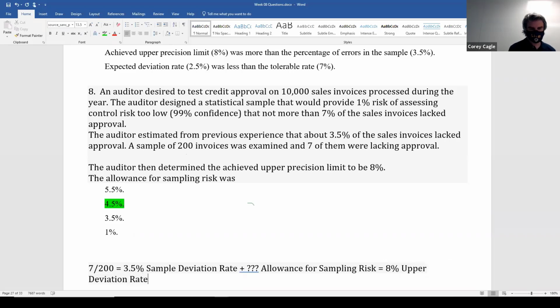So 3.5% plus what gives us 8%? So it's 4.5.